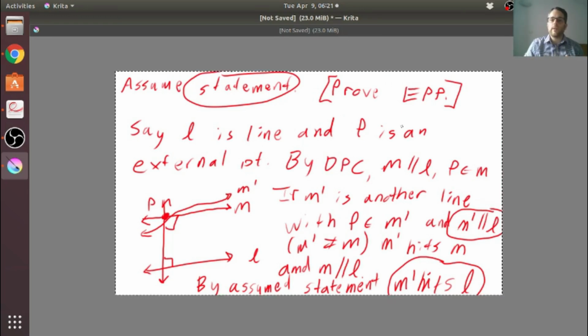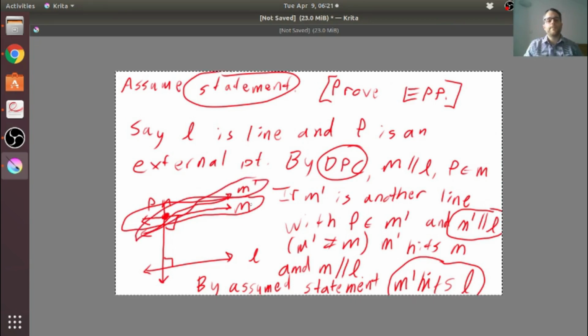Well, in order to prove that, we always just start with a line and a point. We can always construct a parallel line M using the double perpendicular construction. Right? We can always do this. And so just show that you can't have another line M prime. Okay? So that's the idea.